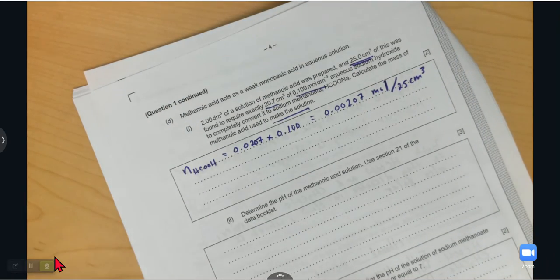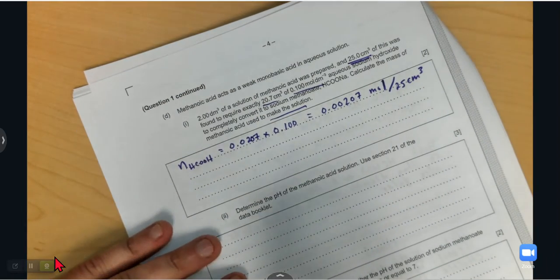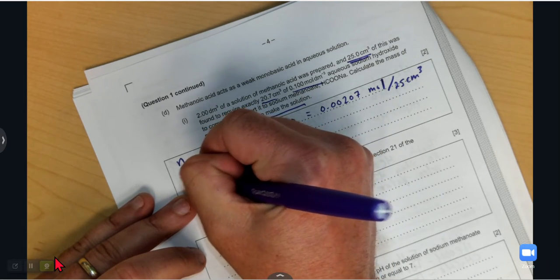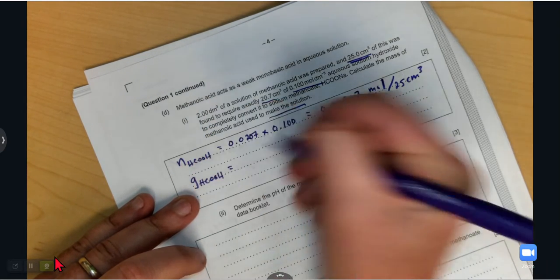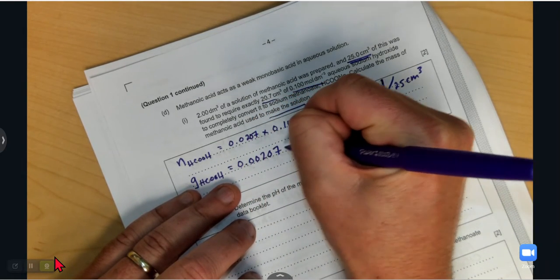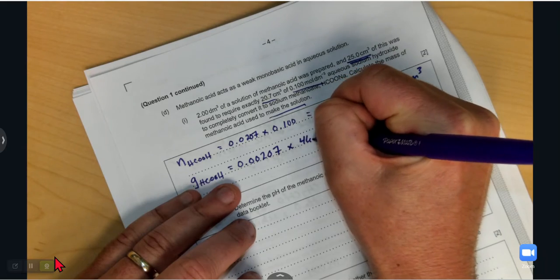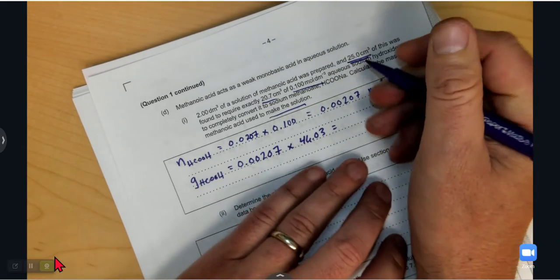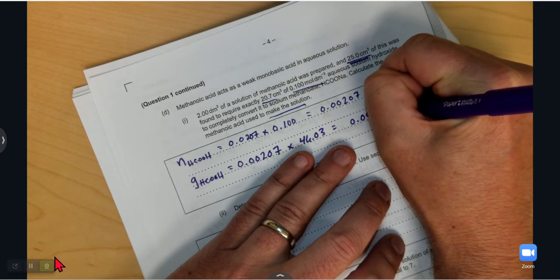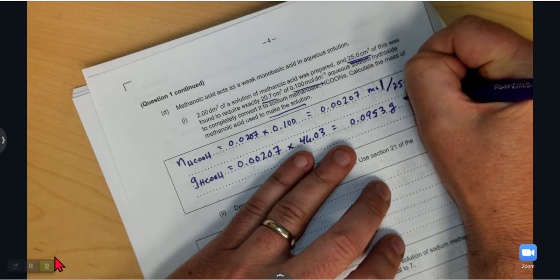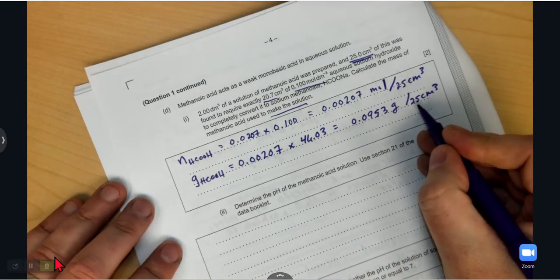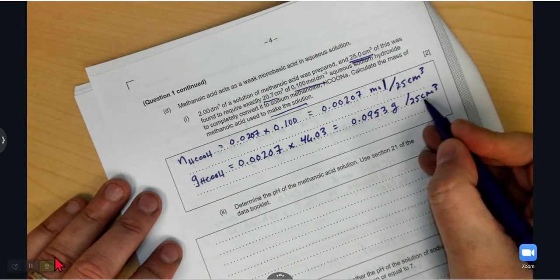So what I'm going to do now is just find out how many grams that would be. Grams of HCOOH would just be the number of moles times the molar mass, which was 46.03. When you do that, you get 0.0953 grams, but that's the number of grams for every 25 cubic centimeters. 4 times 25 is 100.